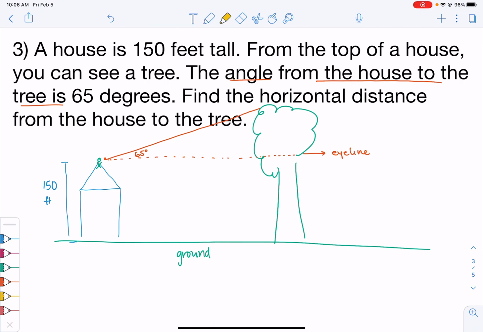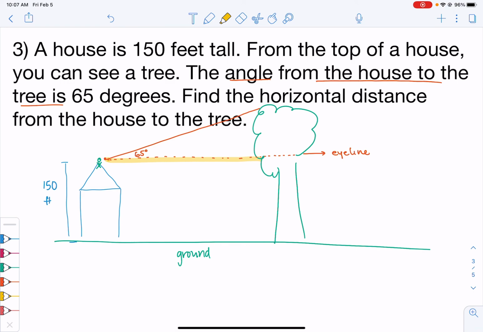We want to find... that doesn't make any sense. I think we need more information here. I think there's a missing sentence.